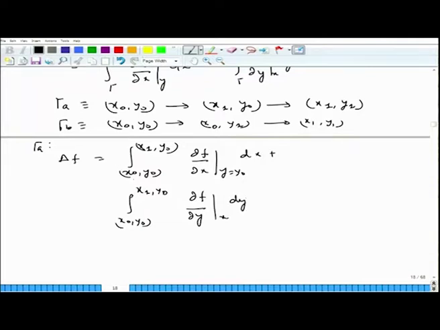So this is going from (x0, y0) to (x1, y0), plus, you have another line segment from (x1, y0) to (x1, y1).